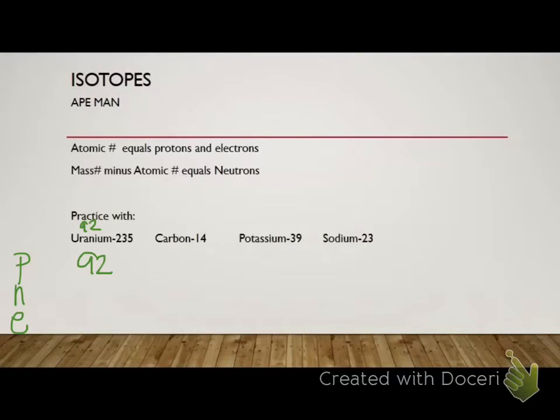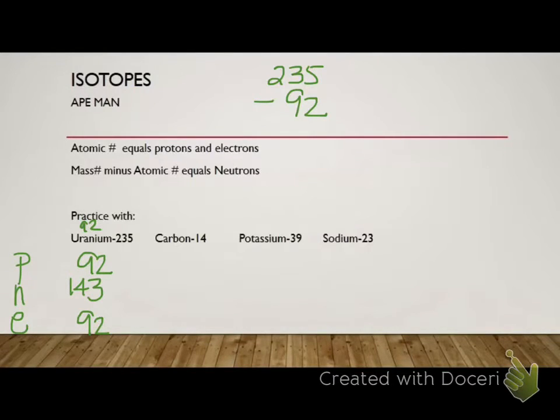Because this is a neutral atom, it would have 92 electrons. And then in order to get my number of neutrons, I'm going to take 235, because that's my mass number, and I'm going to subtract 92. And when I do that, I will get my number of neutrons, which would be 143.